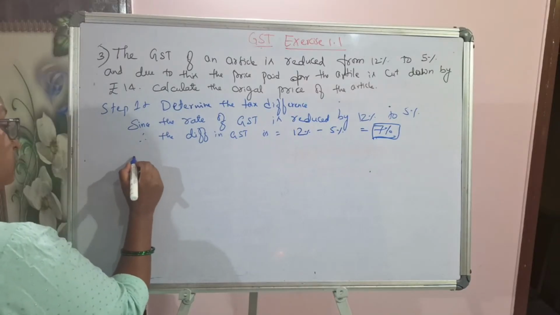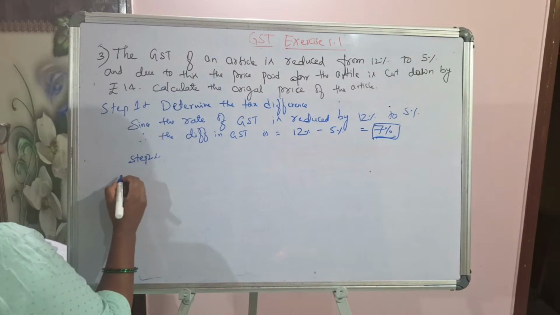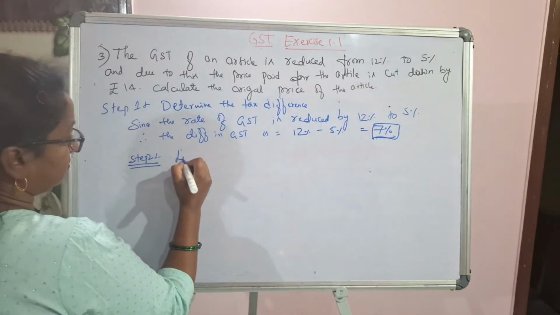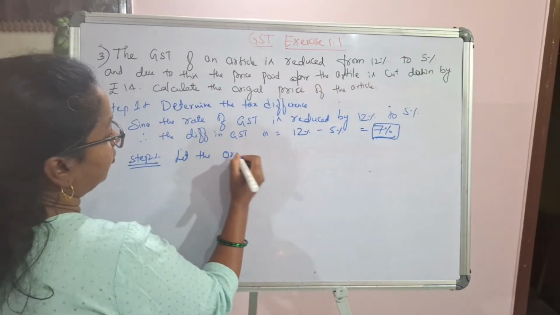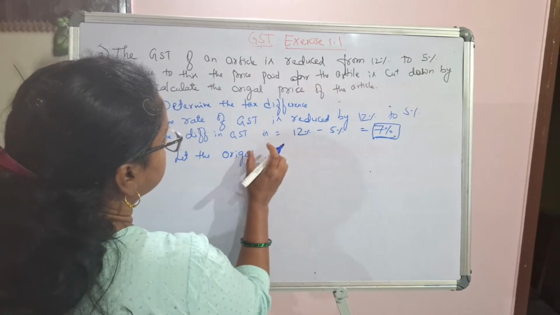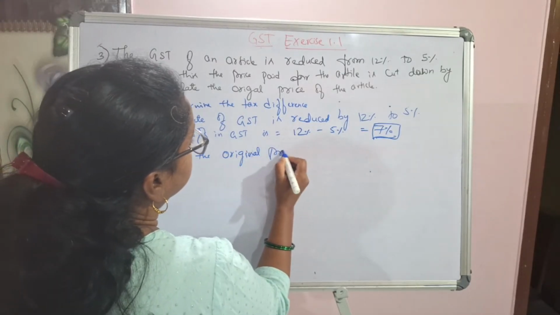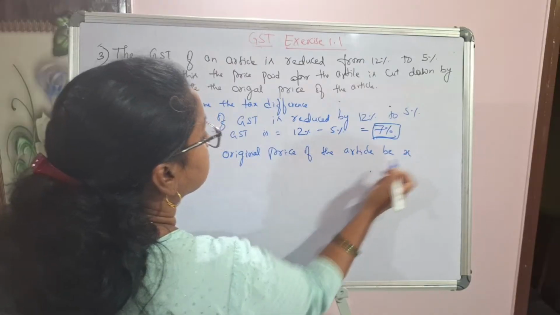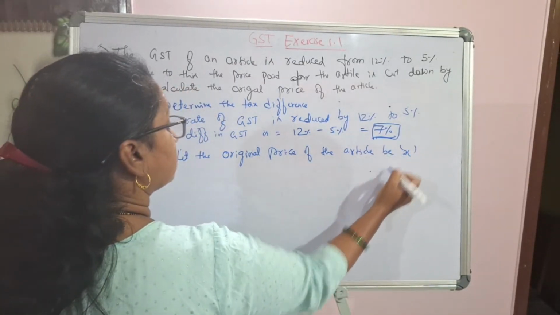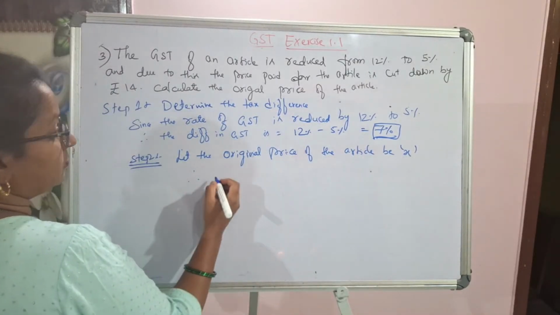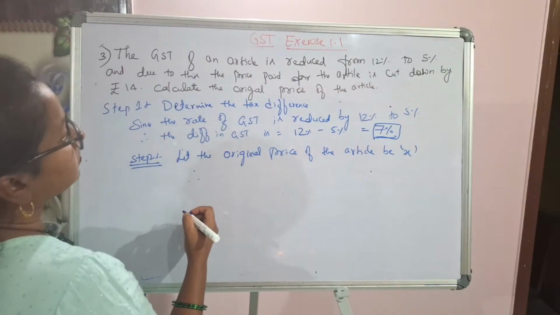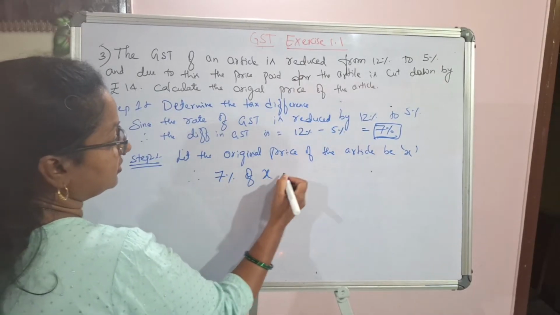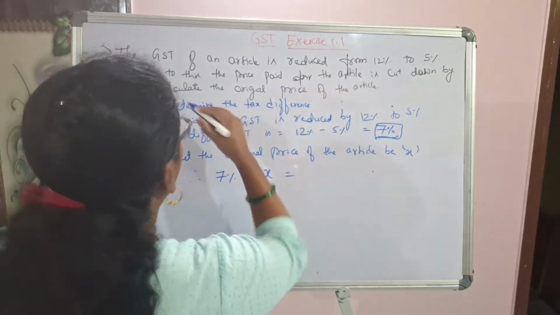So in step 2, let us assume that the original price of the article be X. Therefore, 7% of X is equal to the reduced price.